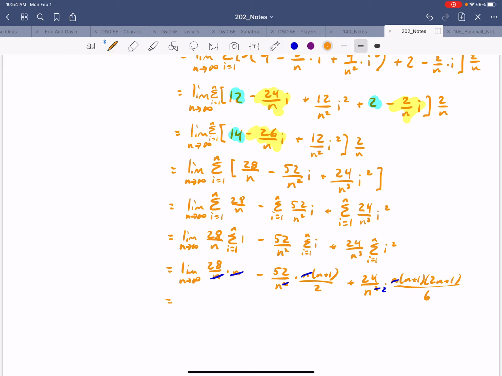We're getting 28 for the first term minus 26 for the second term, 52 over 2, plus 24 times 2. Don't forget about that 2 right there. That's 48 divided by 6, which is 8. So it looks like our final answer is 36 minus 26, which is 10.